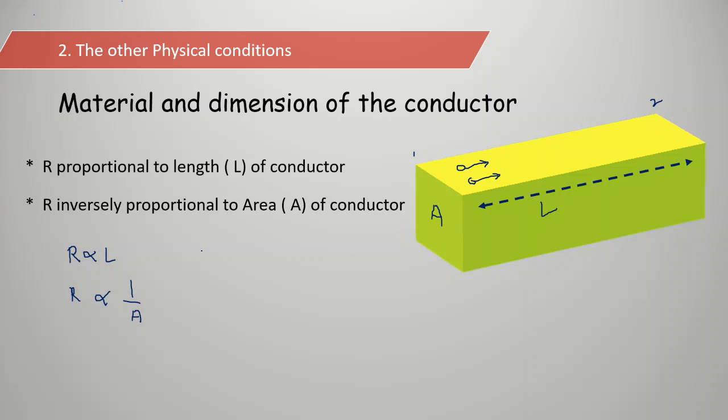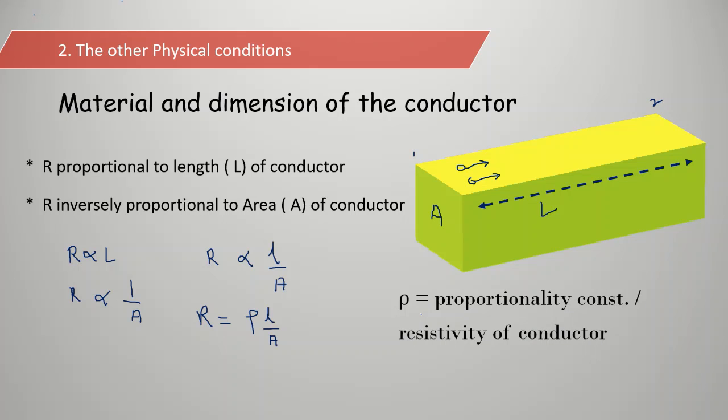And hence we obtain the formula in the form of R proportional to L by A, or R equals rho L by A, where rho is the proportionality constant, also known as the resistivity of a conductor. So what is the resistivity of a conductor?